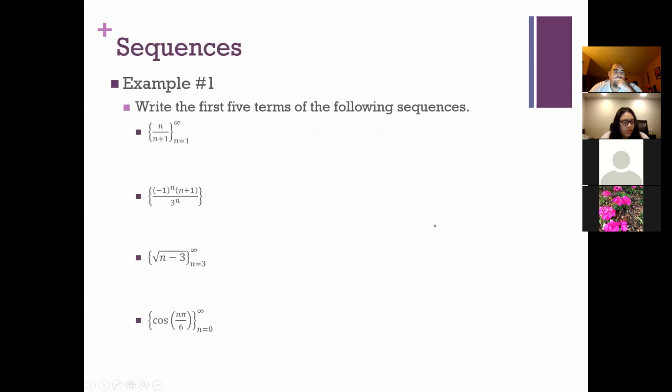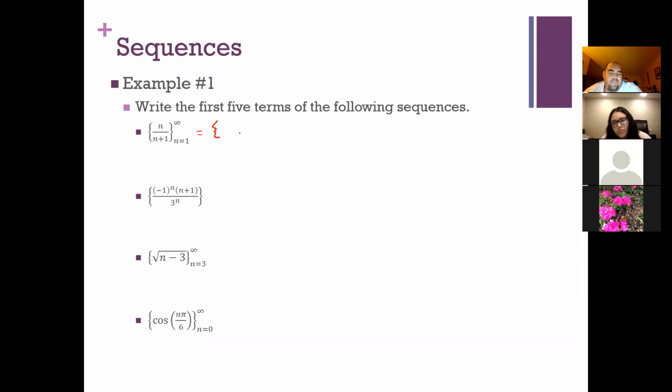All right, let's get the first 5 terms of the following sequences. For this first one, I'm explicitly telling you that the first index is 1. So the first term is when n equals 1. What is the expression inside the curly brackets equal to? Let's get the first 5 terms here.